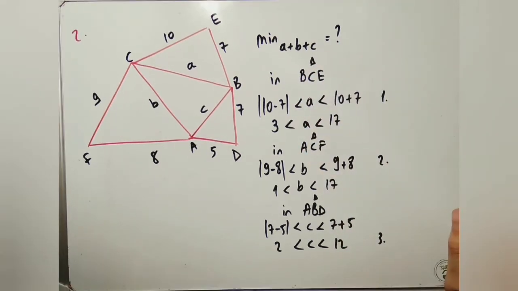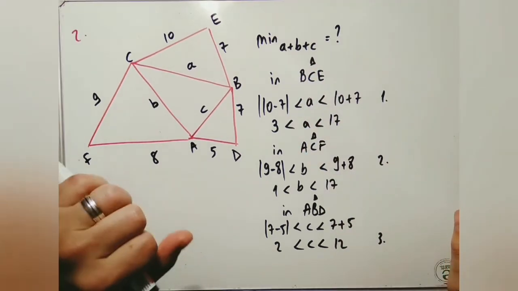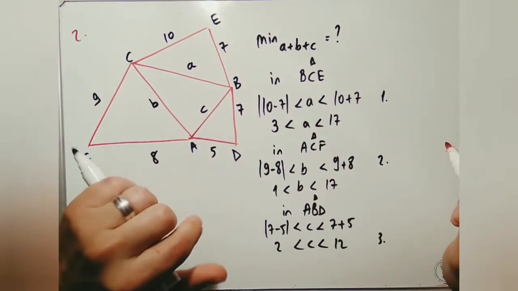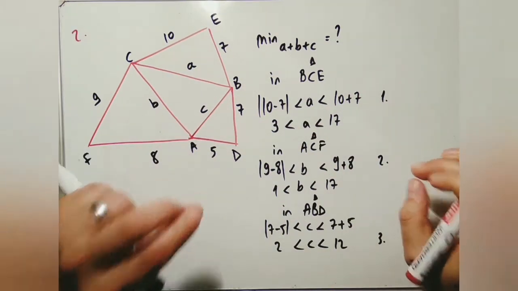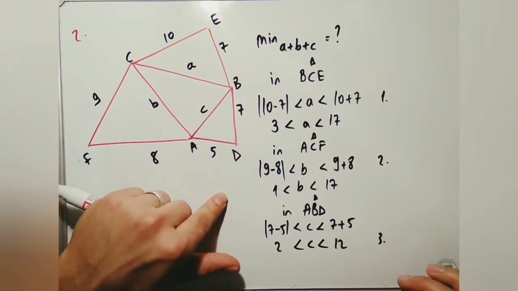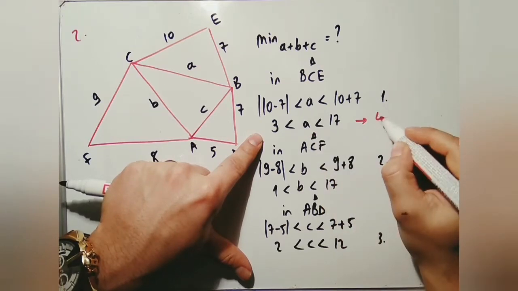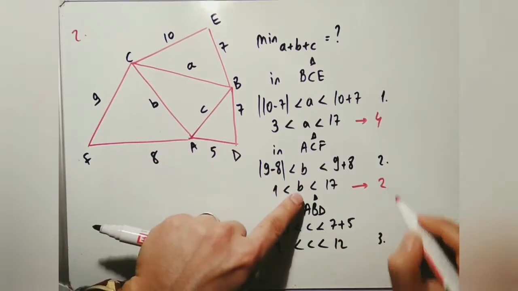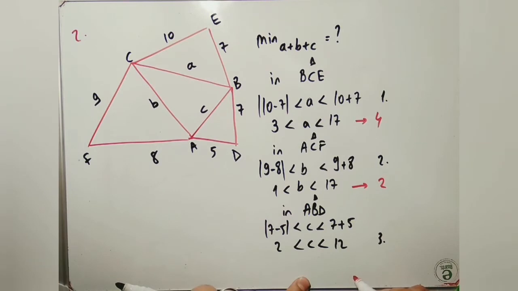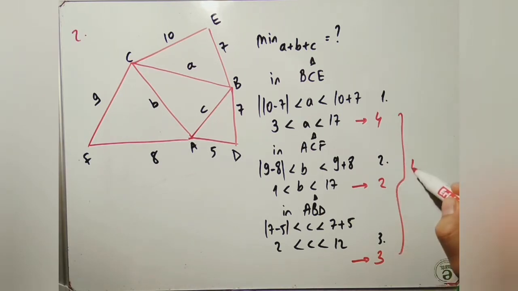We have to find the minimum value of A plus B plus C. It means that for each inequality, we have to take the smallest value of A, B, and C. If A is between 3 and 17, the smallest value for A is 4, for B is 2, and for C is 3. All you need to do is take the sum of 4, 2, and 3, which is going to be 9 units.